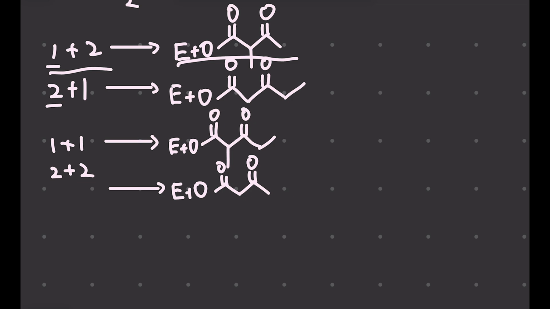Some chemicals that could be like that are, say, ethyl formate. This has a hydrogen, and this has no alpha hydrogens that you can deprotonate. And something like ethyl benzoate.